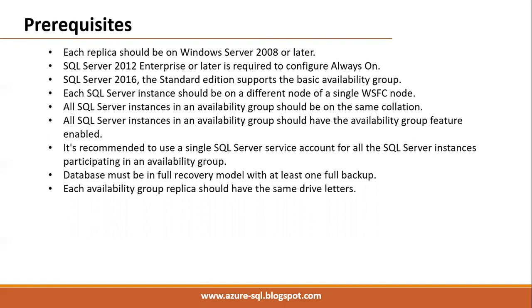Then I will take one instance from node one, server one, and one instance from node two, server two, and start the Always On configuration. We have seen the two availability modes, synchronous and asynchronous, similar to mirroring. And these are the prerequisites we have discussed here.